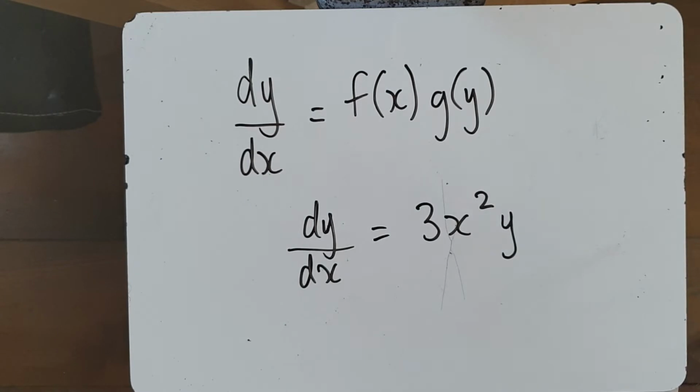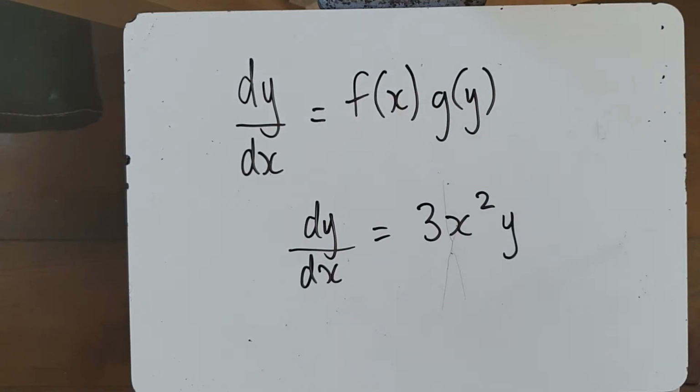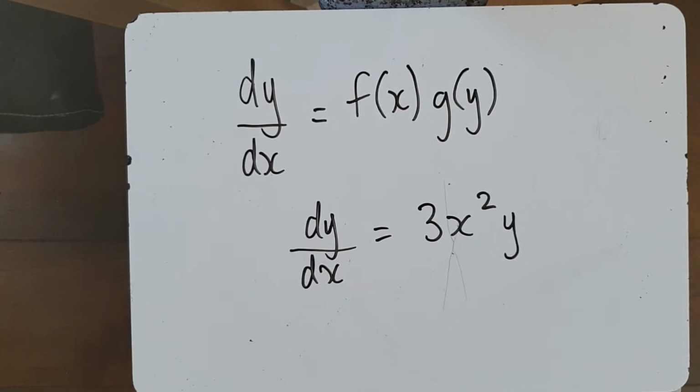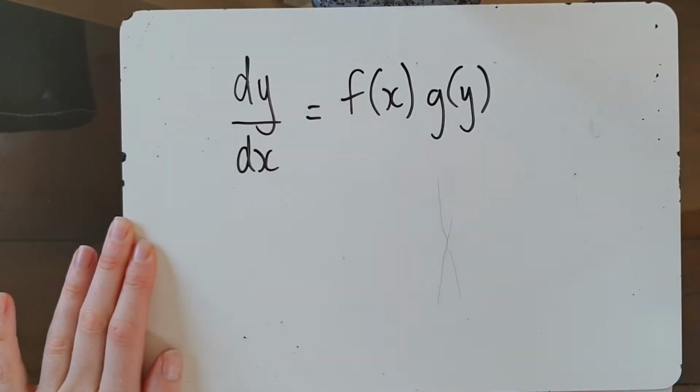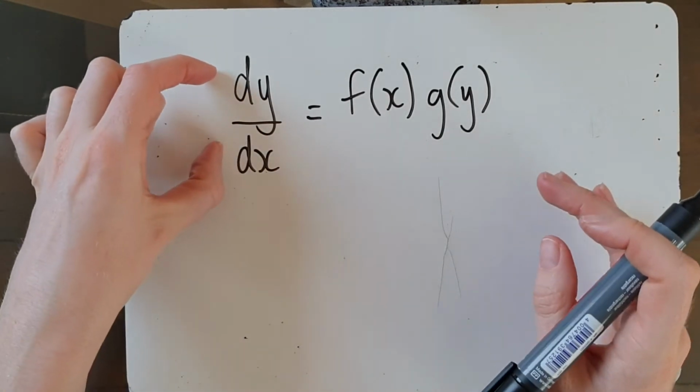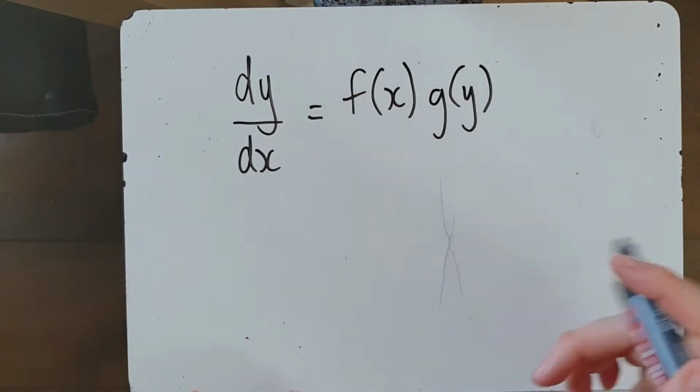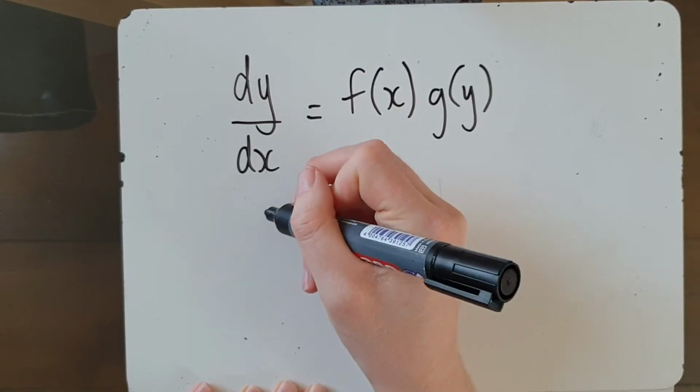We would need to separate the variables so that they are on the correct side to be integrated with respect to the variable that they are in. So I'm going to get rid of this one. Not a fraction, but we split it as a fraction. So I'm going to multiply by dx.